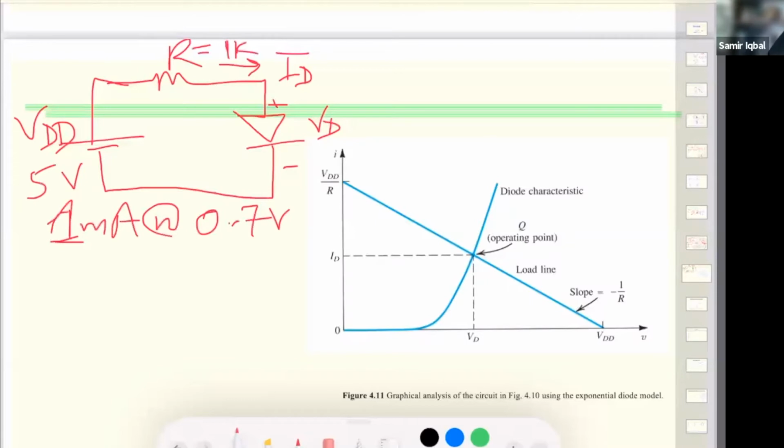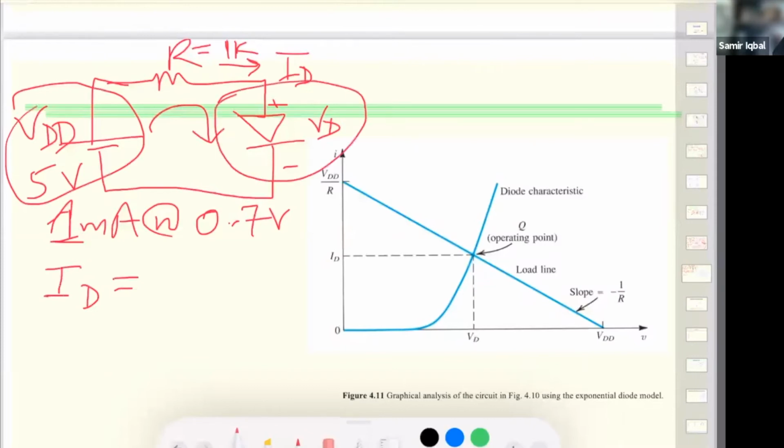All right, so first again, the loop analysis. Can somebody identify what would be the different voltages in this loop? One is this guy, and one is this guy. How do we write them?